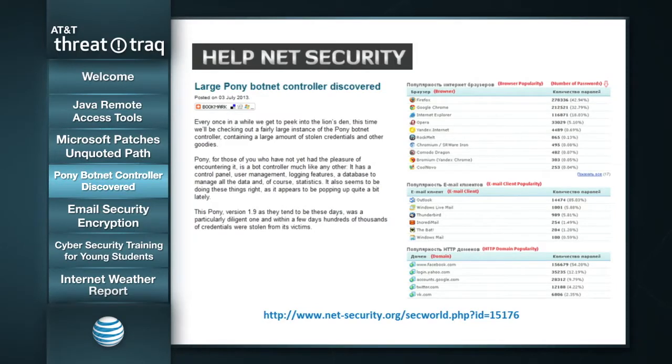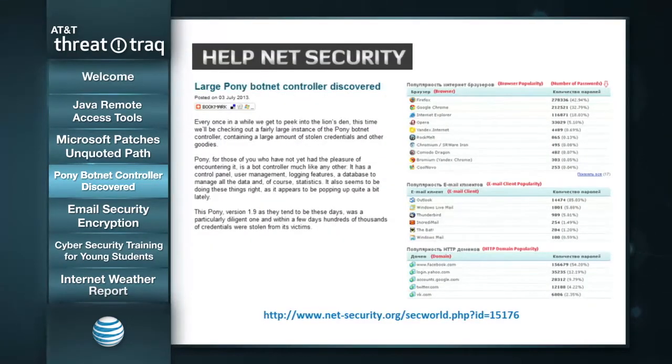The article is entitled "Large Pony Botnet Controller Discovered." I think a pony is basically a place to gather data from a botnet, which is lots of compromised computers reporting back to this point, and then the attacker can retrieve the data it has collected over time.